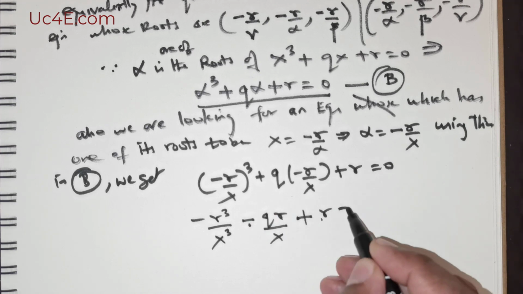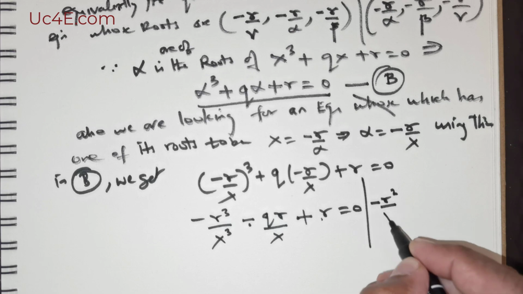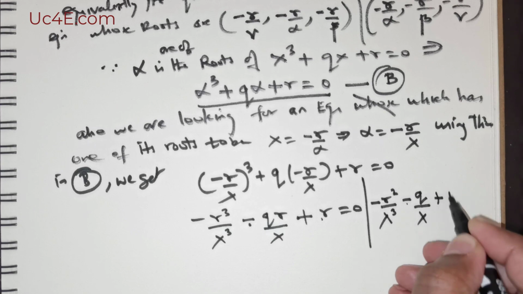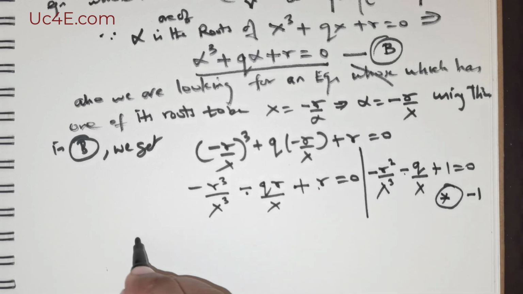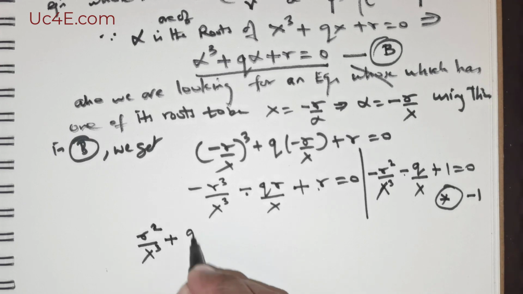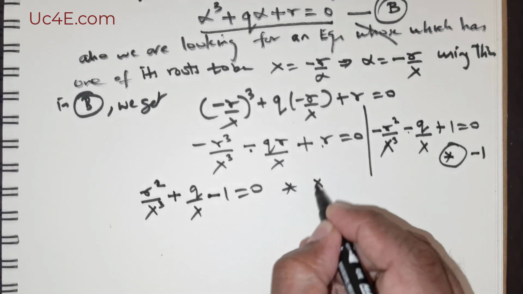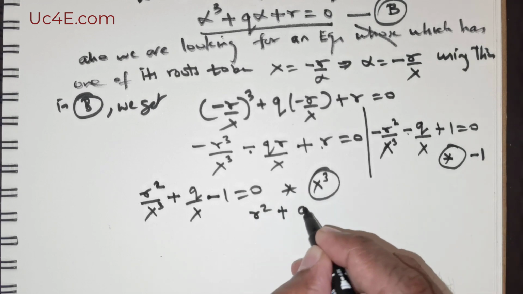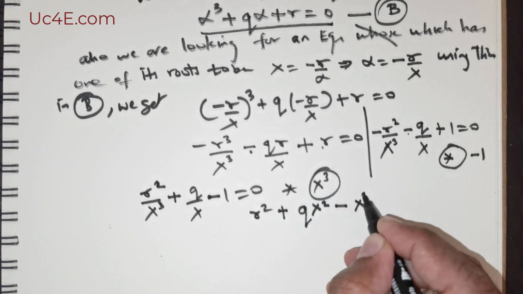Now you got r, this is equal to 0, and r can be taken out, giving us negative r squared over x cubed, negative q over x + 1 = 0, and multiplying by negative 1, this is going to be r squared over x cubed + q over x - 1 = 0, and multiplying throughout by x cubed, this is going to be r squared + q times x squared - x cubed = 0.